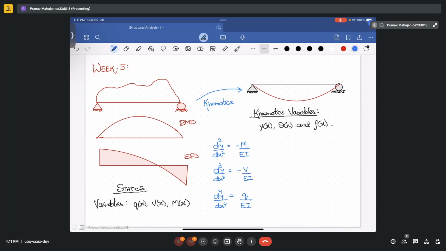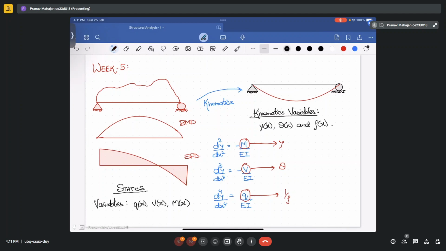Whereas here all the variables are related in kinematics in such a way that q will provide you 1 by rho, that is curvature. V will provide you theta, that is slope, and M will provide you deflection, that is y. Okay, so that is how we have interrelated both of them.